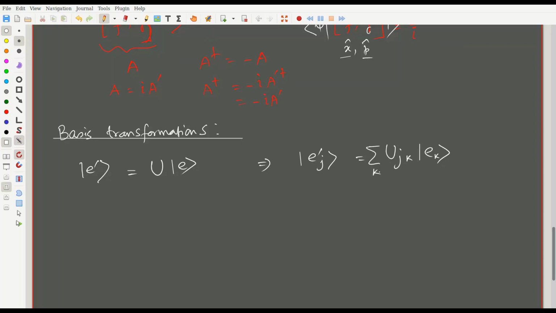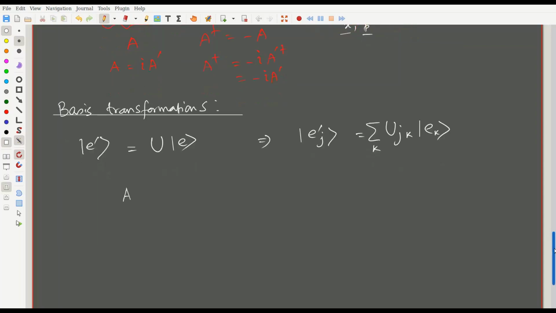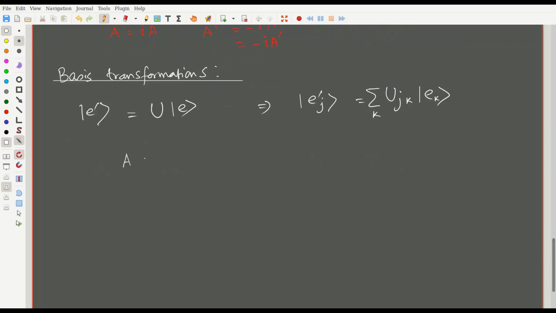So that means if you were looking at some elements of an operator, suppose there was an operator which I called A. This A operates on E k and E j.